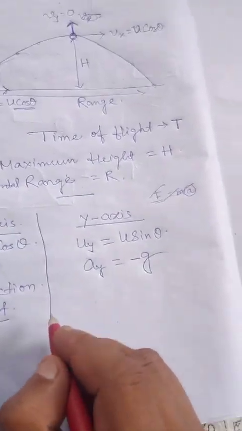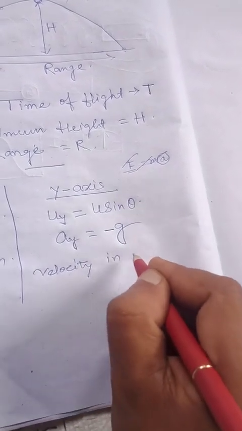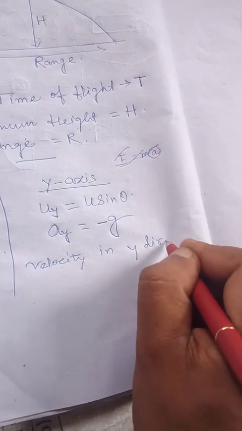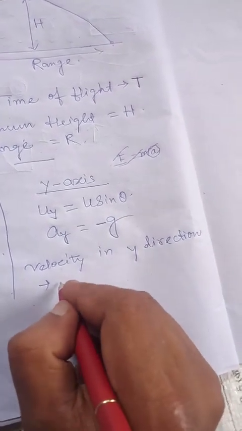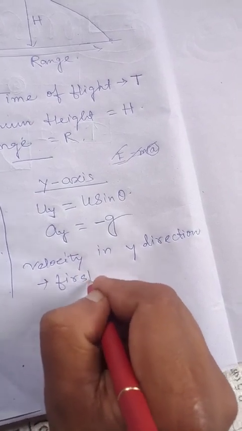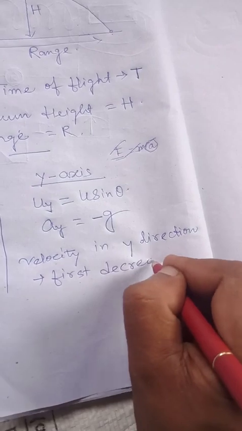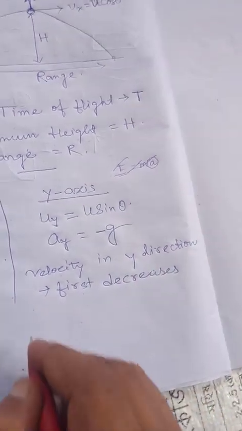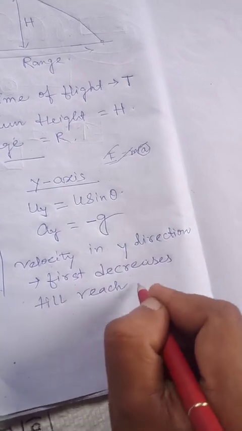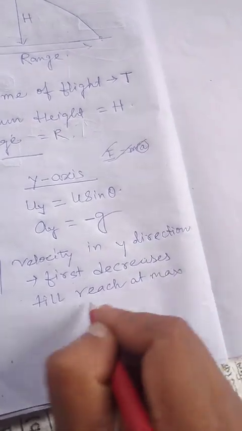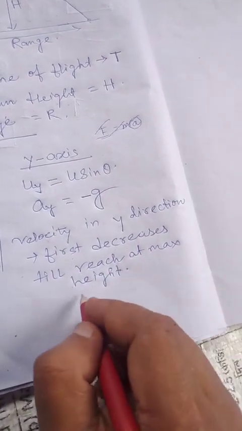So we can say that velocity in the y direction, or y-axis, first decreases till it reaches maximum height.